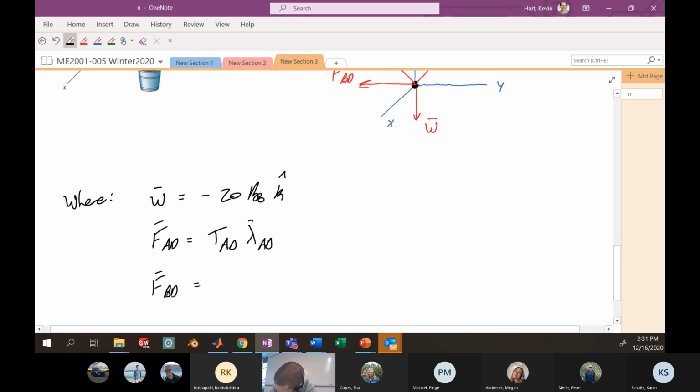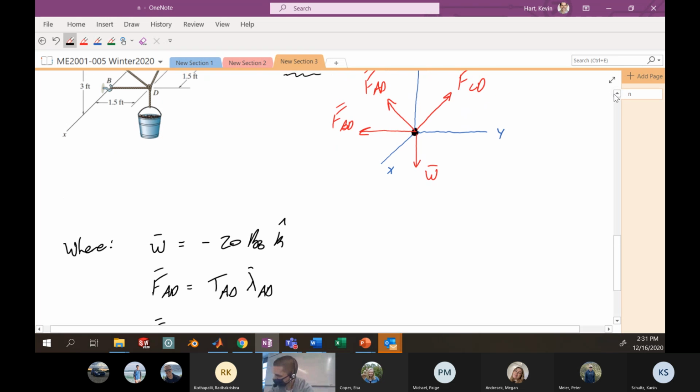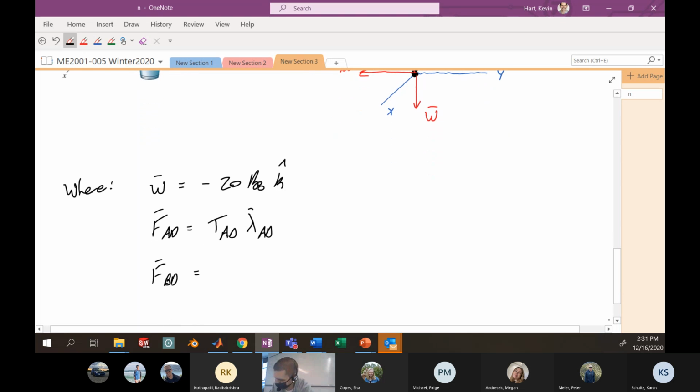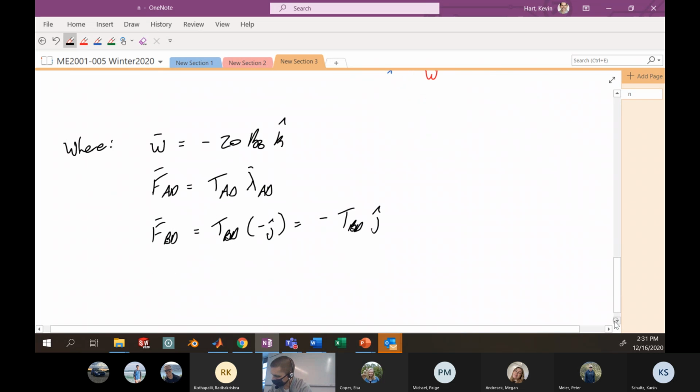FBD. This one's a little bit easier to handle. This vector here is solely in the negative j. So I can just represent this as TBD solely in negative j hat, or you might see it as negative TBD j hat. That's nice, because I don't have to fully define some random unit vector for this force.